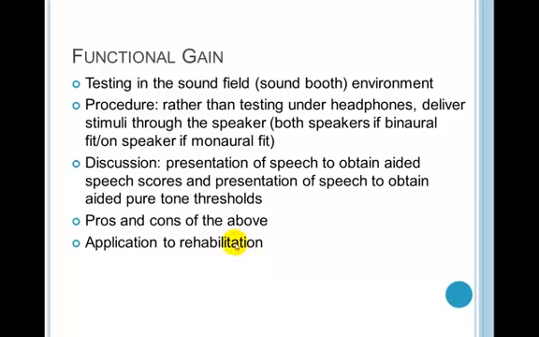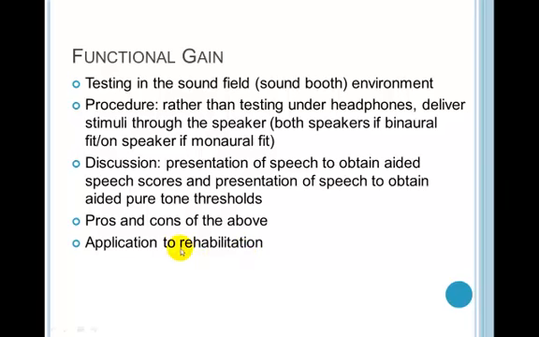Okay? Another great application to rehabilitation is someone that has much older technology and is trying newer technology. Well, let's get some scores with your old hearing aids and compare them at the same levels to your new hearing aids.